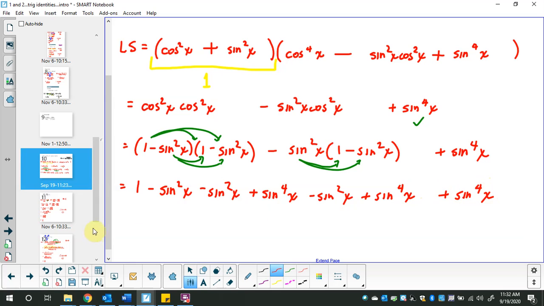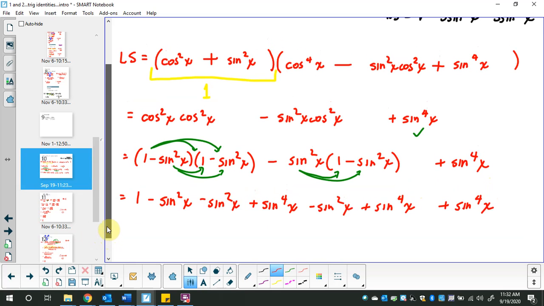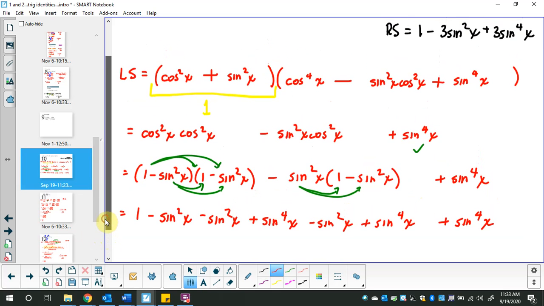So I've done a really good job of trying the strategy of taking something that had sines and coses, which is right here, and turning it entirely into sines because I could. And now, if I look at this, I've only got numbers, yay, sine squareds, yay, sine to the 4ths, yay.